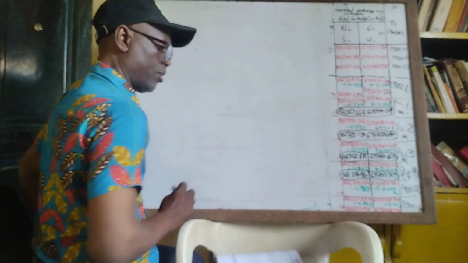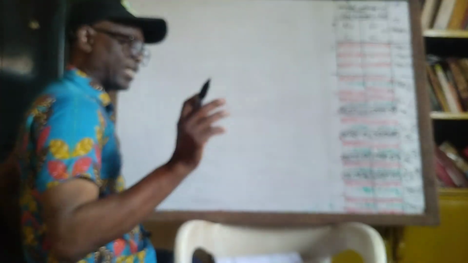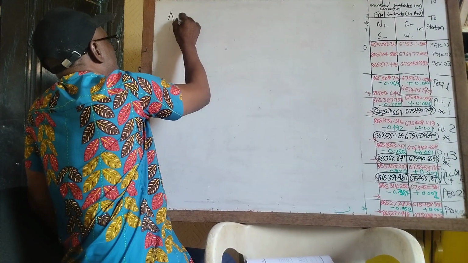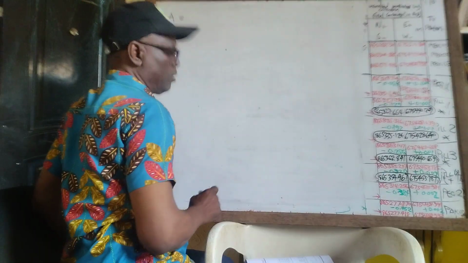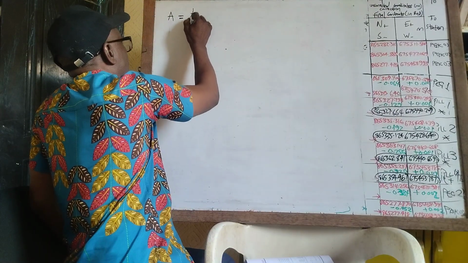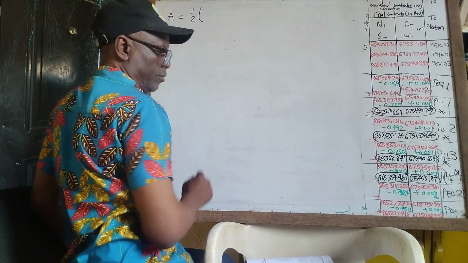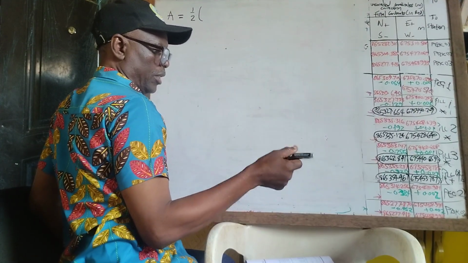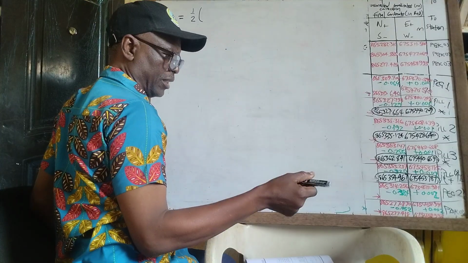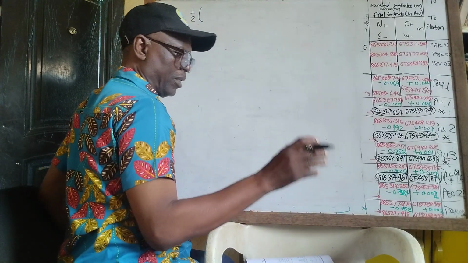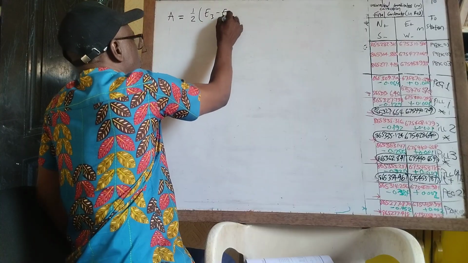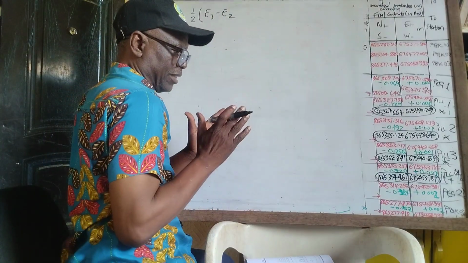Now, the larger green, trapezium A, will now be half of E2, E1, E3, E4, right? So that will now be half of E3 minus E2. That's the height.